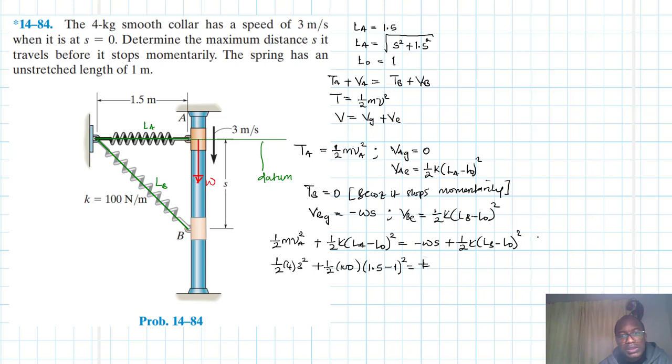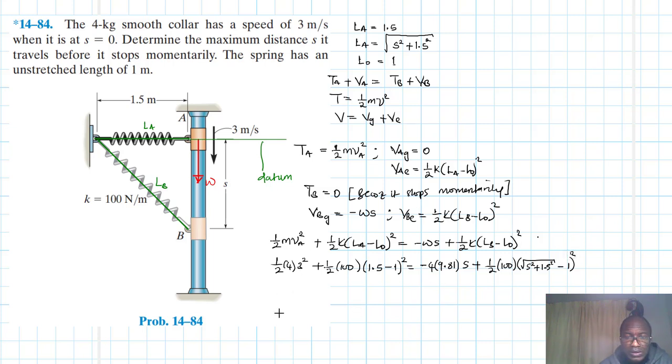The weight is just, we have a minus there, that is 4 times 9.81 times S, plus half k, which is just 100, and then LB is the square root of S squared plus 1.5 squared, then minus 1, and everything squared.